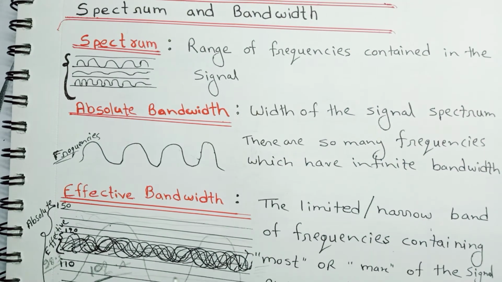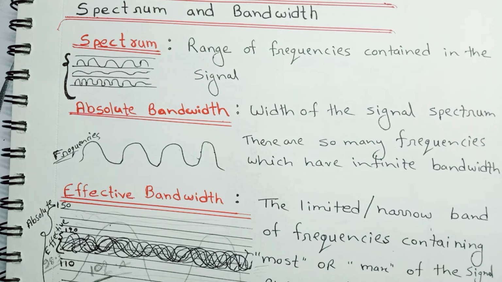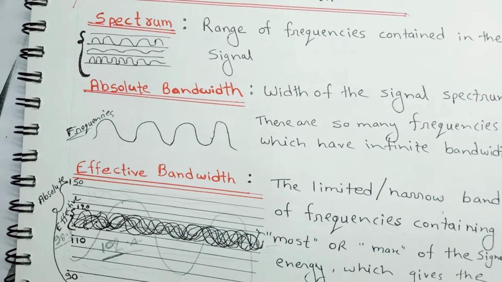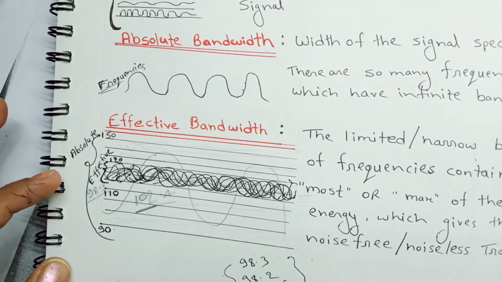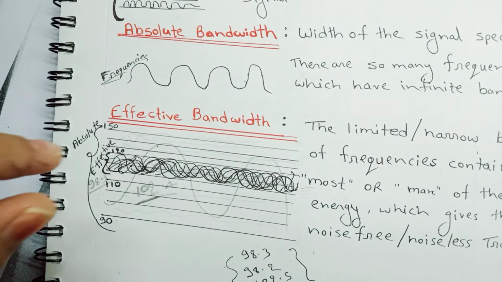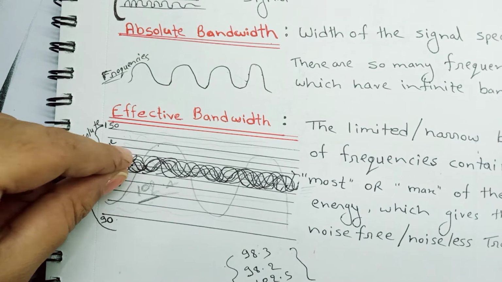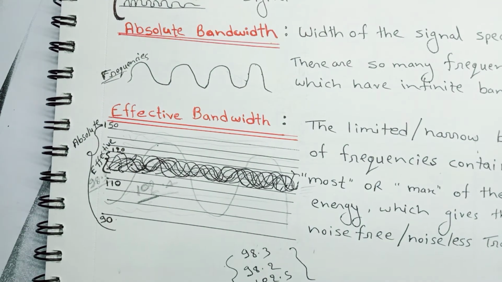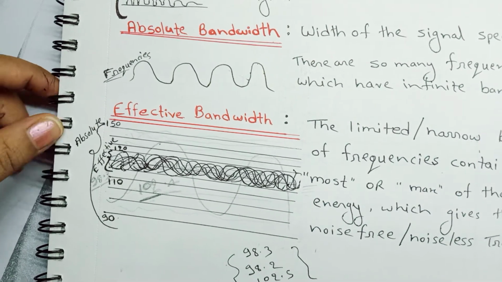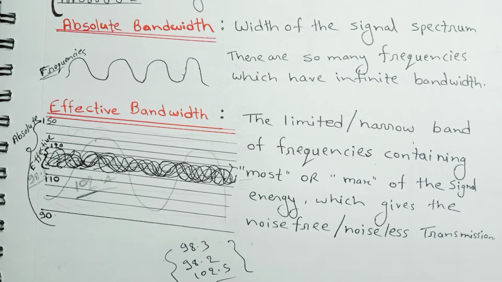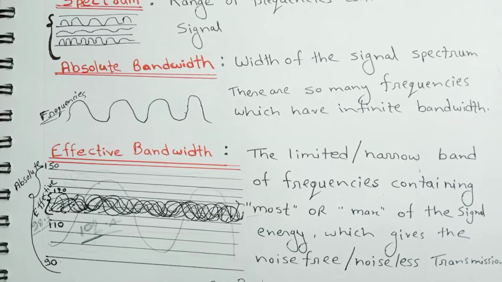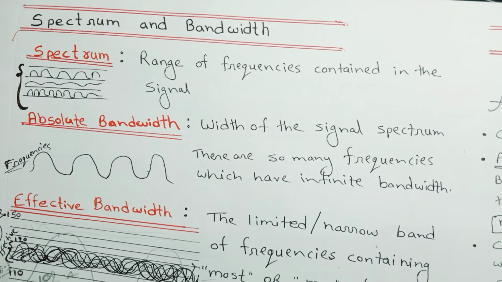There are so many frequencies with infinite bandwidth, but absolute bandwidth is not useful. Useful is effective bandwidth, the narrow or limited band of frequencies dedicated to a particular service or channel. Now you can understand what spectrum and bandwidth are.